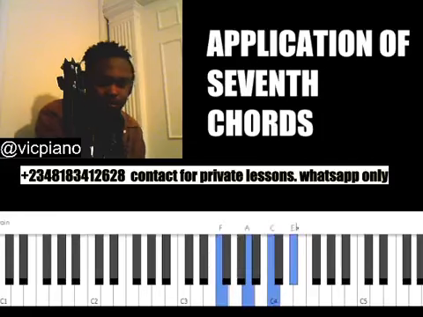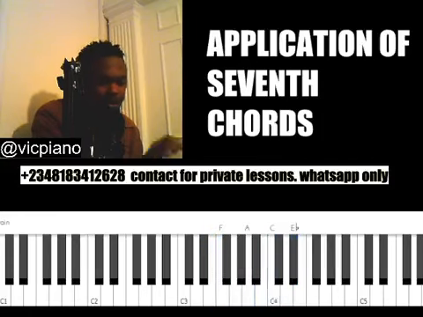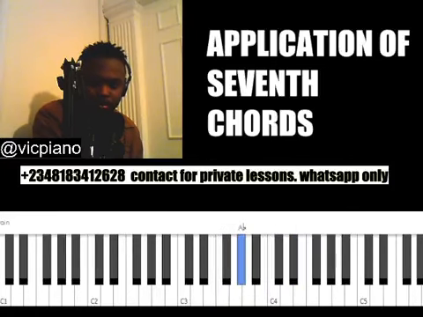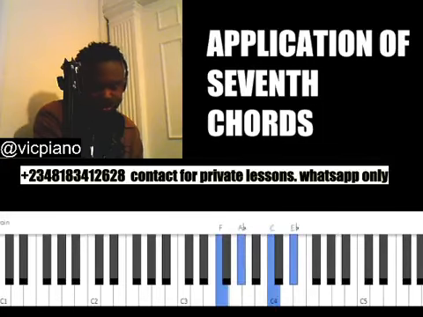Major 7, dominant 7. The next one I'm going to show you is minor 7th. The formula for minor 7th is your 1 flat 3 5 flat 7, which is do me so do.